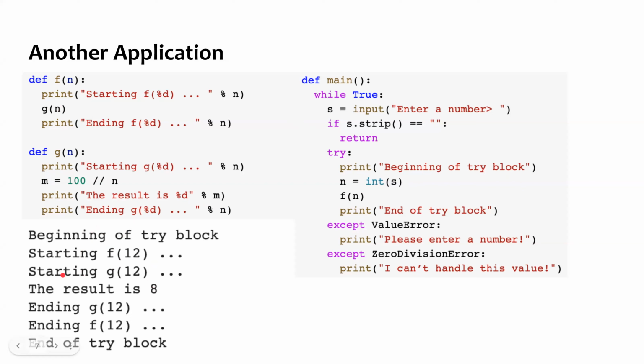And the last function that was executed is G, so it should be the first one that ends. So try block starts, F starts, G starts, then G should be the first one that needs to return. And the next one is the second last function, F, that is going to terminate.